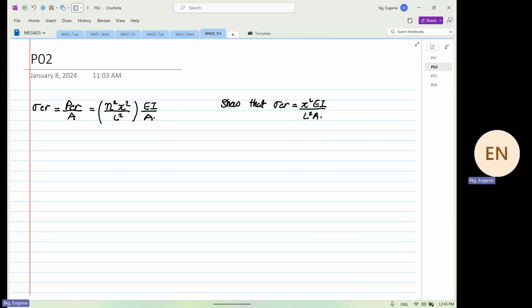Now, the thing I want you to take note of is that the second moment of area, I, is also equal to A R squared, where R corresponds to the radius of gyration.